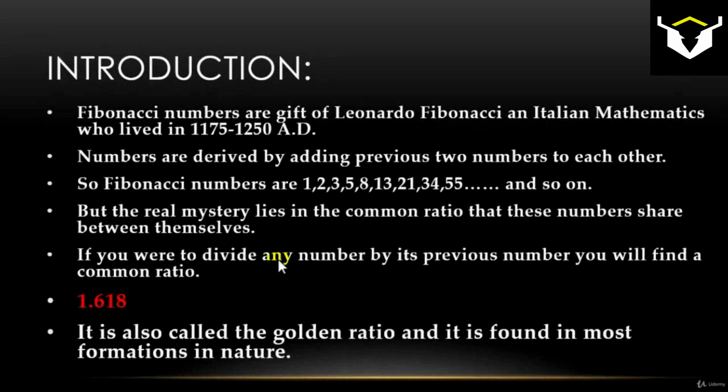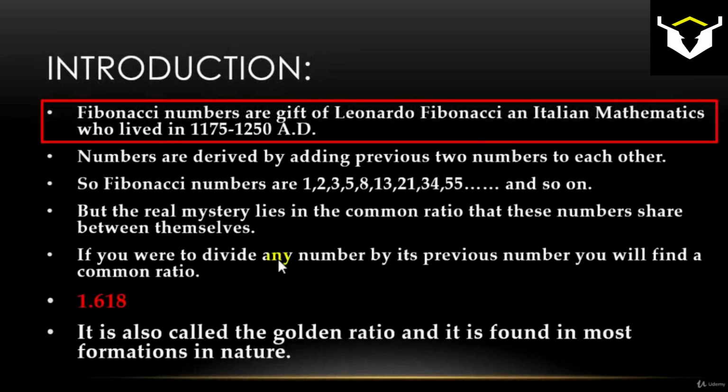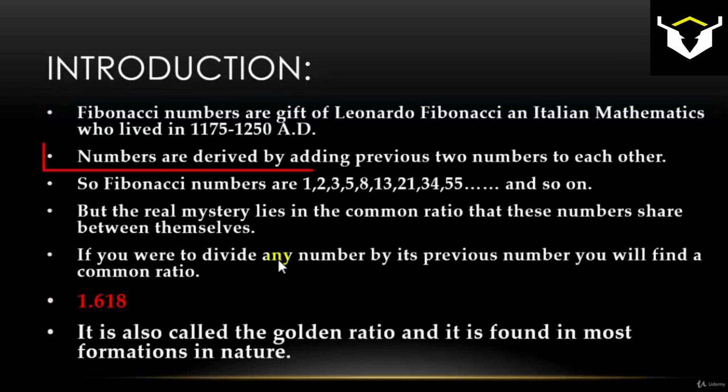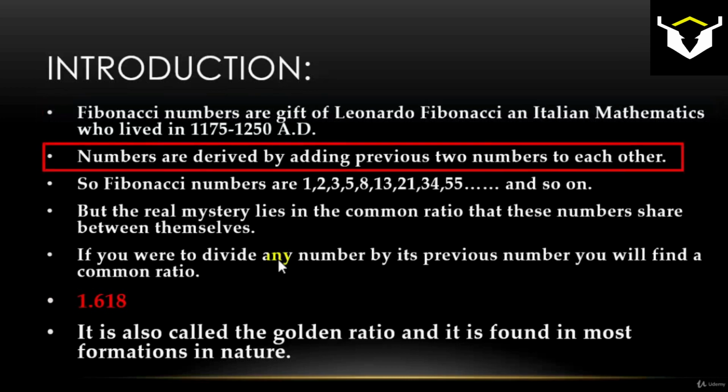So, introduction. Fibonacci numbers are the gift of Leonardo Fibonacci, an Italian mathematician who lived in 1725 to 1850 AD. These numbers are derived by adding the previous two numbers to each other.